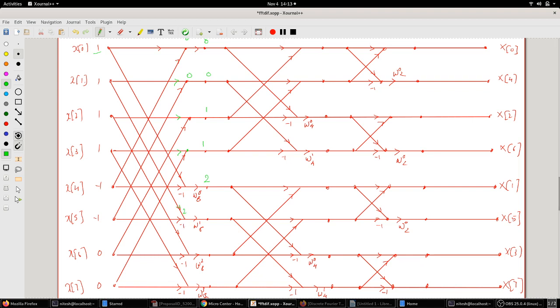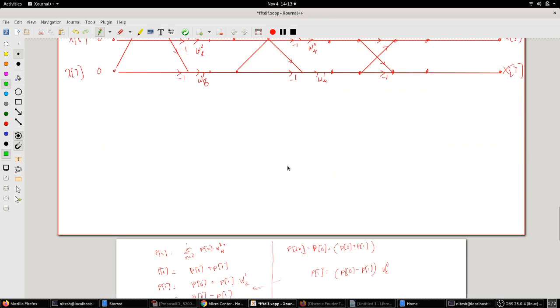So this point is a 2 multiplied by w1 of 8. w1 of 8 we already know, we have done this before: it is basically a phasor, a vector in this direction making an angle of 45 degrees, right?